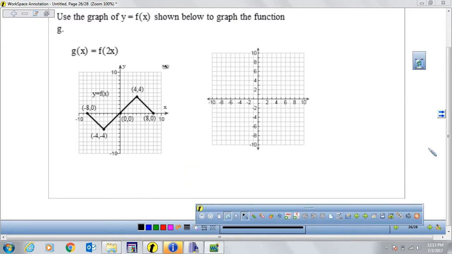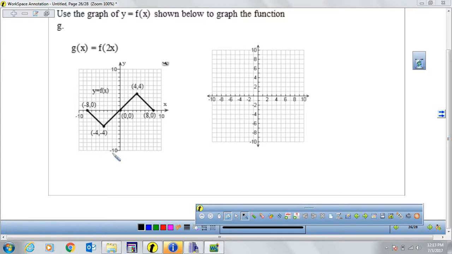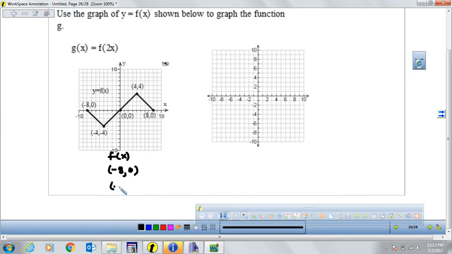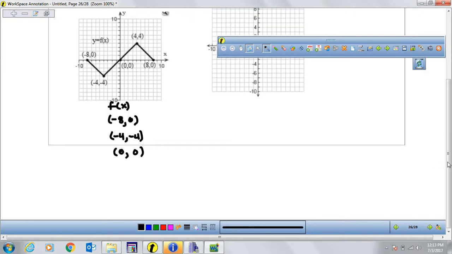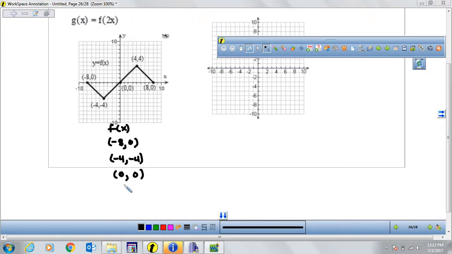Now, first thing that we're going to do, of course, is label the points for the function f of x, which in this case we got negative 8, 0. Then we got negative 4, negative 4. Then we got 0, 0. Then we got 2 more, which in this case is going to be 4, 4, and the last one is 8, 0.